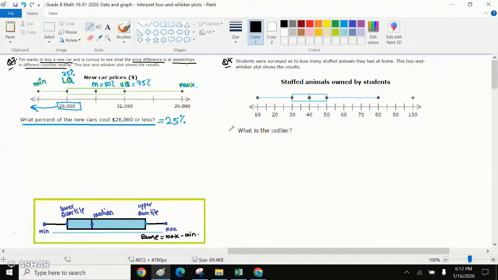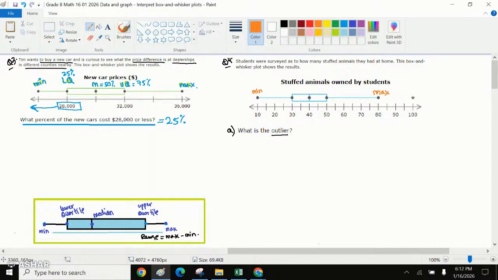Let's suppose we add more questions to it. What is an outlier? An outlier is a point that is outside the box and whiskers. We know that over here, this was the minimum, this was the maximum, right? But one student said he had 100. Not every student has 100, right?